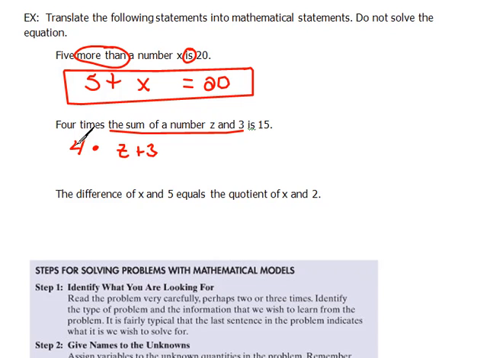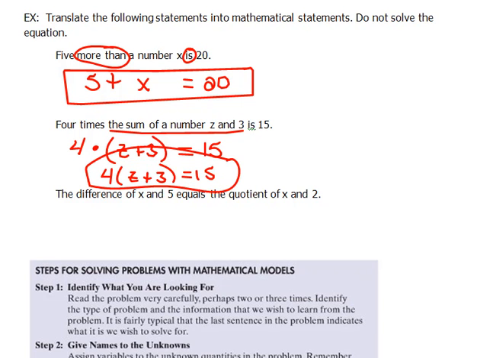Since we're multiplying 4 to this sum, we probably should put that in parentheses so that now we're multiplying 4 times this entire thing. Then we have the word is, which is equals, and then 15. Now you don't have to write it with the multiplication symbol there, because when we just see the parentheses, that automatically means multiplication. So this would be the exact same thing.